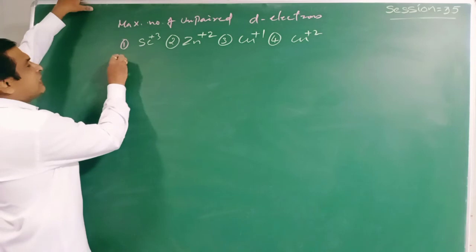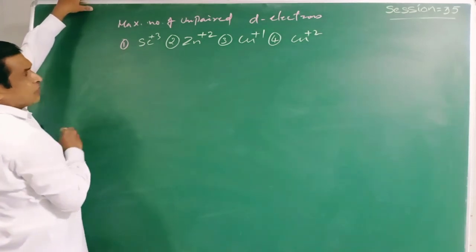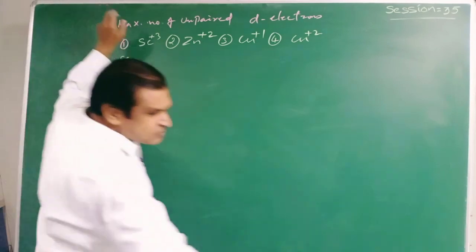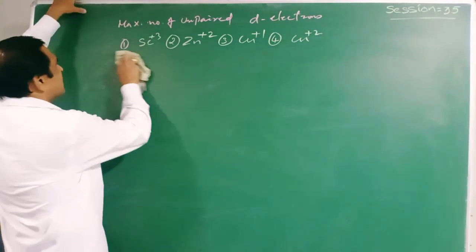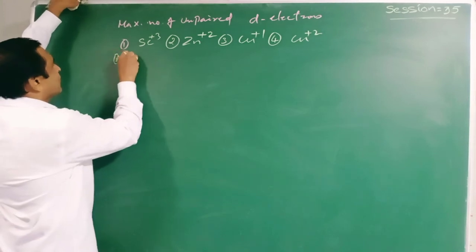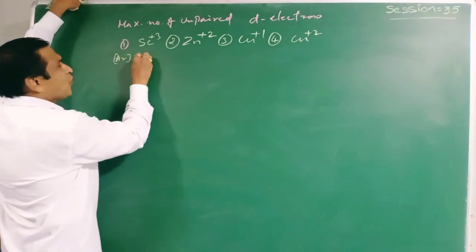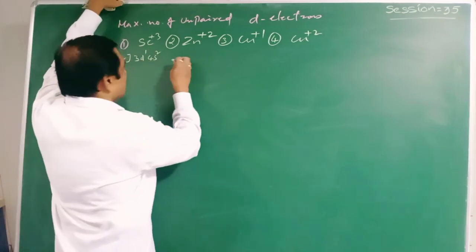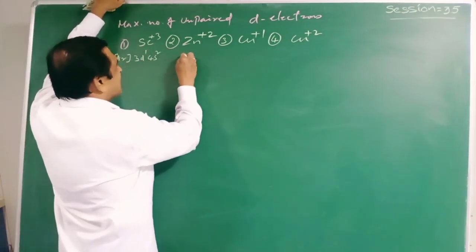Scandium atomic number is 21. So the scandium configuration becomes argon 3d1 4s2. Now this is zinc, argon 3d10 4s2.